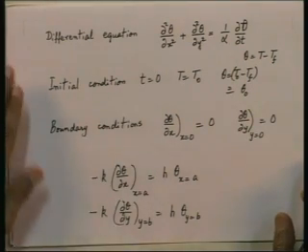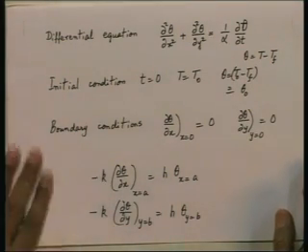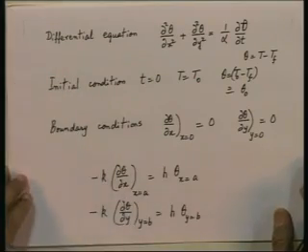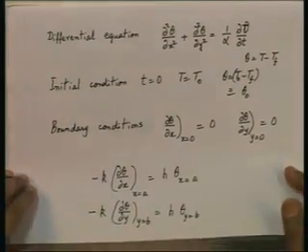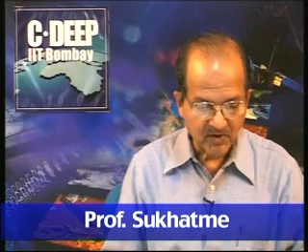Now, this problem has been solved also. This differential equation subject to this initial condition and the given boundary conditions has also been solved, and the solution very neatly comes out to be of the following form. Now, we are not solving the problem ourselves. I am just going to give you the solution which has been obtained.